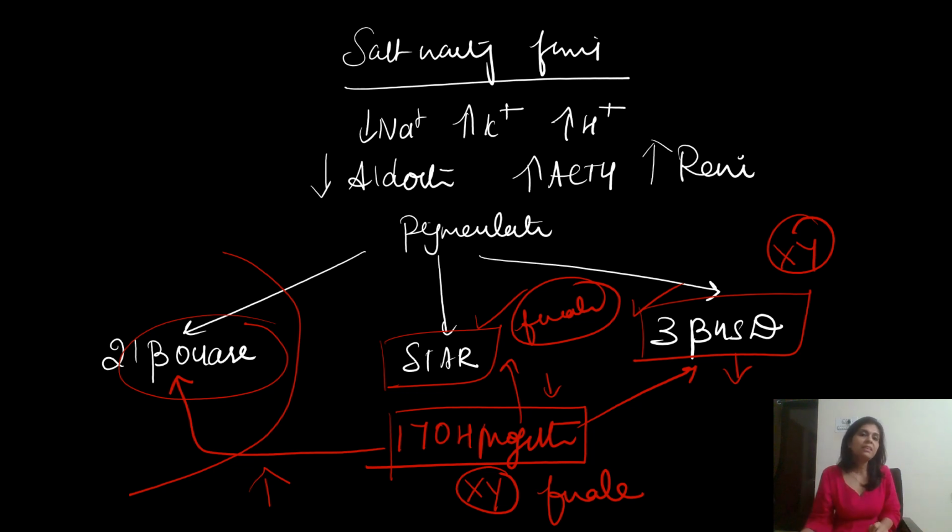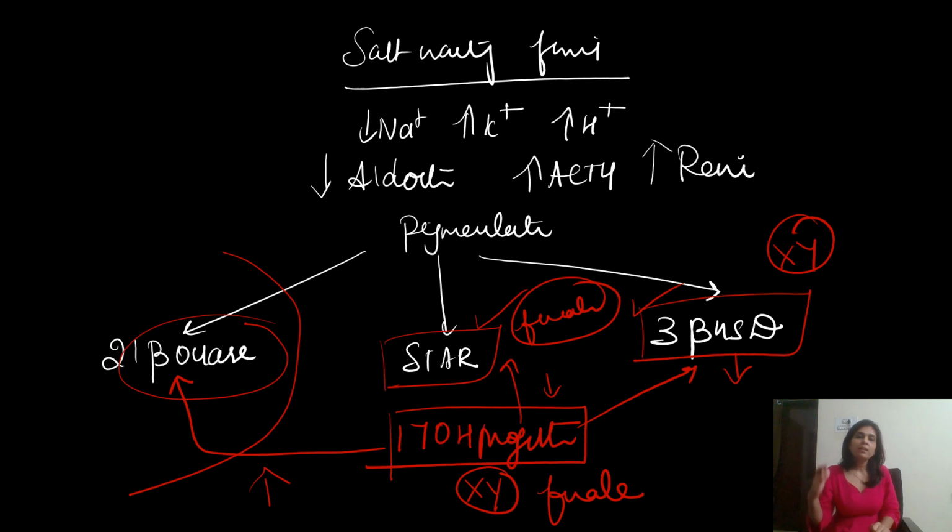Whereas if it's 3-beta hydroxysteroid dehydrogenase defect, the DHEA would cause virilization. Is that clear? So by ultrasound, if you find adrenal enlargement with lipoidal changes, it is star protein defect. And if it's a male fetus, genetic male XY presenting as female, it is star protein defect.